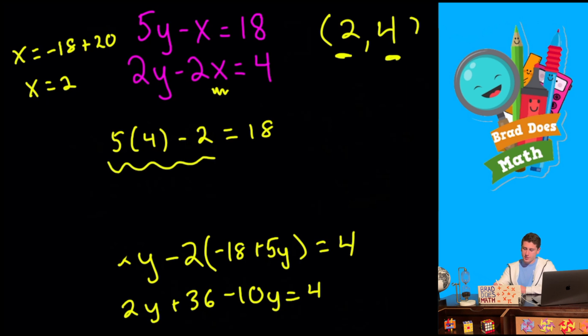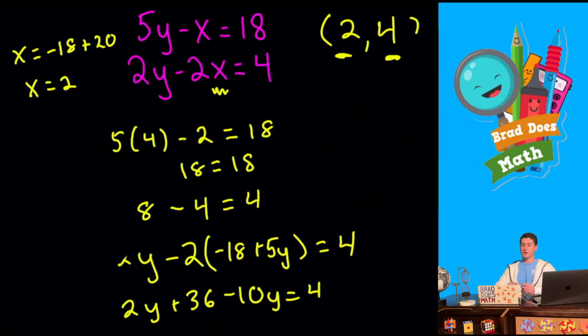And 20 minus 2 is, in fact, 18, so that one works. 18 equals 18. Then I can do the same thing in the bottom equation. 2y, so that's 8, minus 2x, which is 4. And that does equal 4. So I know that my answer, (2, 4), is confirmed. Checked. Good. That is the correct answer.